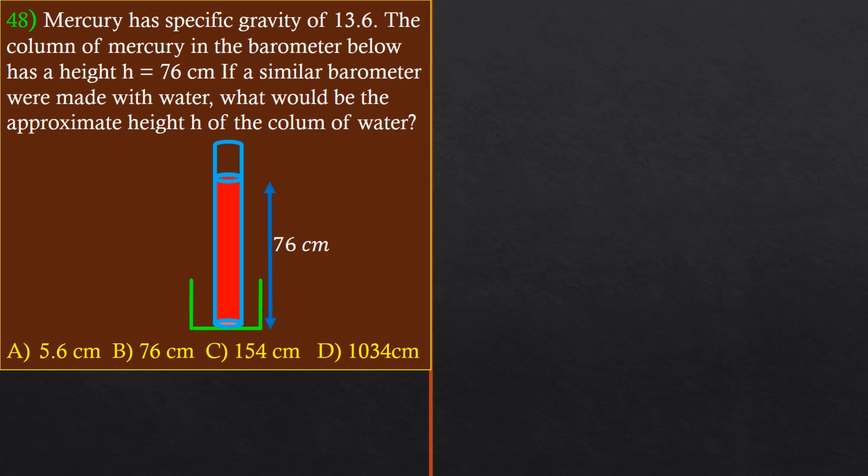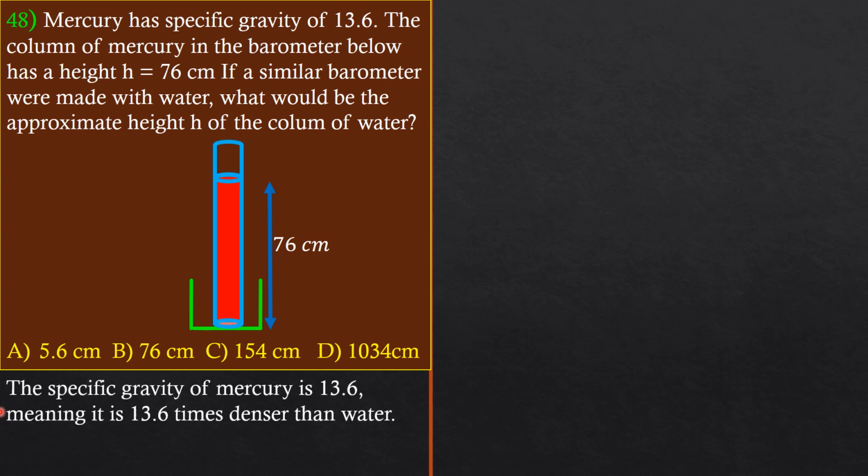So guys, we need to know that if the question told us the specific gravity of mercury is 13.6, it therefore means that mercury is 13.6 times as big compared to that of water. So that of water, guys, is 1, that of mercury is 13.6. Great.